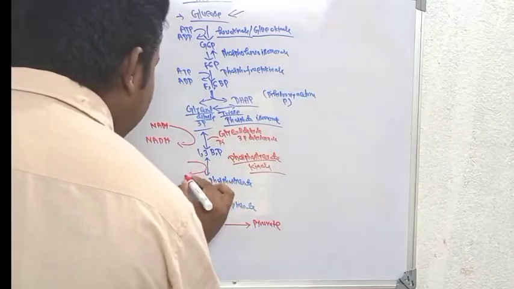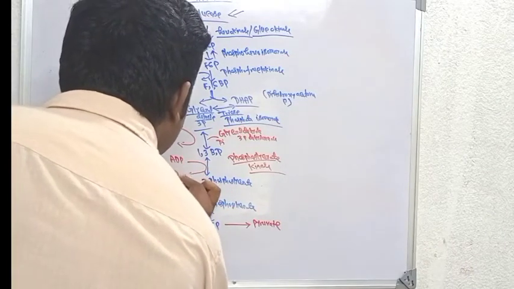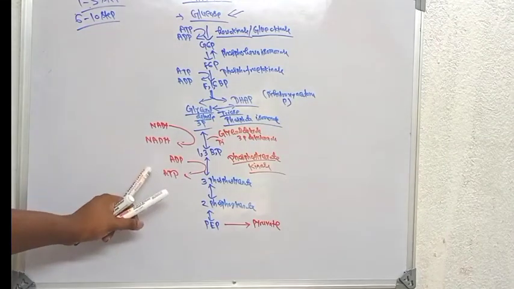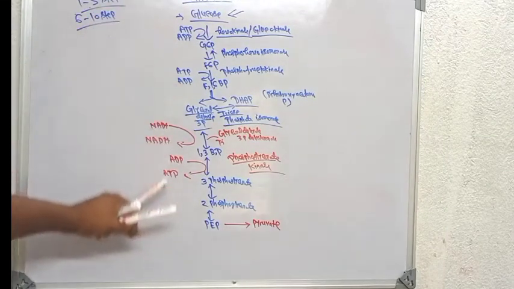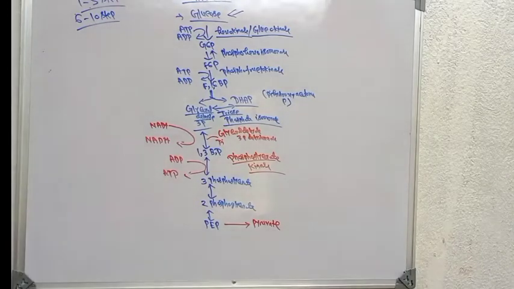This is the first step of substrate level phosphorylation. Phosphorylation takes place at substrate level, so it is called substrate level phosphorylation. In the entire glycolytic pathway, there are two substrate level phosphorylations.